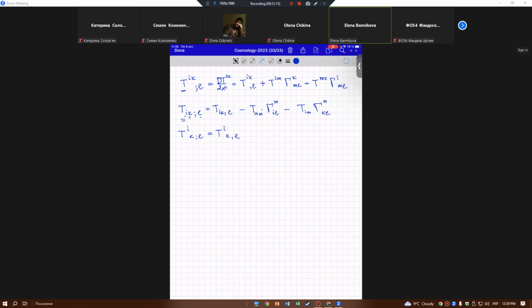And since we have one index contravariant and one index covariant, we understand we need to mix it to use the formula, the idea above. So we can write minus Γ, in this case, ^k_lm t_i^m.